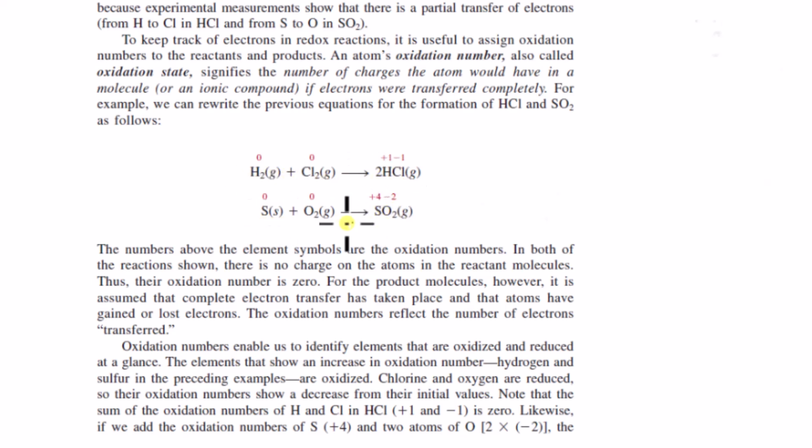No, you could have a redox reaction where certain elements aren't oxidized or reduced. There's no change in oxidation number of those elements. They aren't involved in the redox process. As long as there's at least one element being oxidized, and therefore there would have to be some other element being reduced, so just a pair of elements in this entire big reaction, just these two elements being oxidized and reduced, then it's a redox reaction.